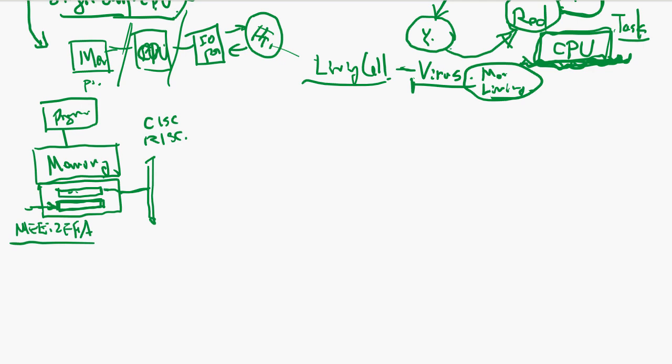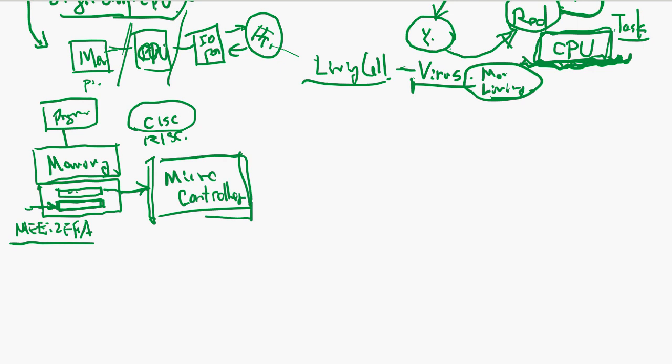This instruction in the CISC points to a microcontroller, or whatever you call the micro instruction unit. This is actually ROM within the CPU, and there's a counter, and the counter executes one by one. What is the output?